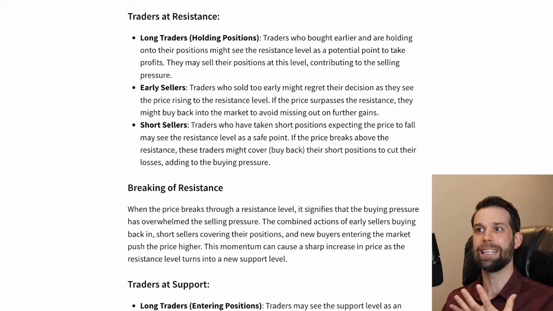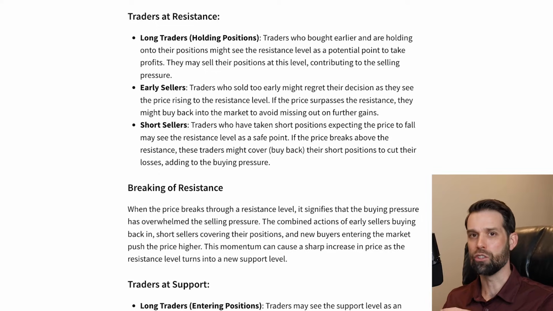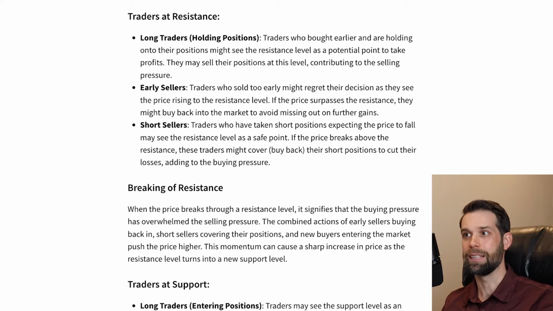So there's this idea, support and resistance don't always hold. Many times with the long trader scenarios, many people are going to be selling at the resistance level, and the resistance level will hold, but the stock certainly can break through the resistance level. So when the price breaks through a resistance level, it signifies that the buying pressure has overwhelmed the selling pressure.